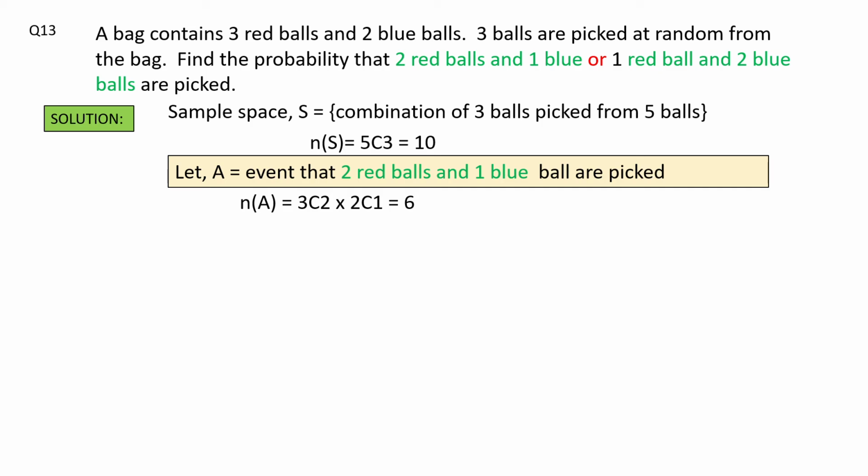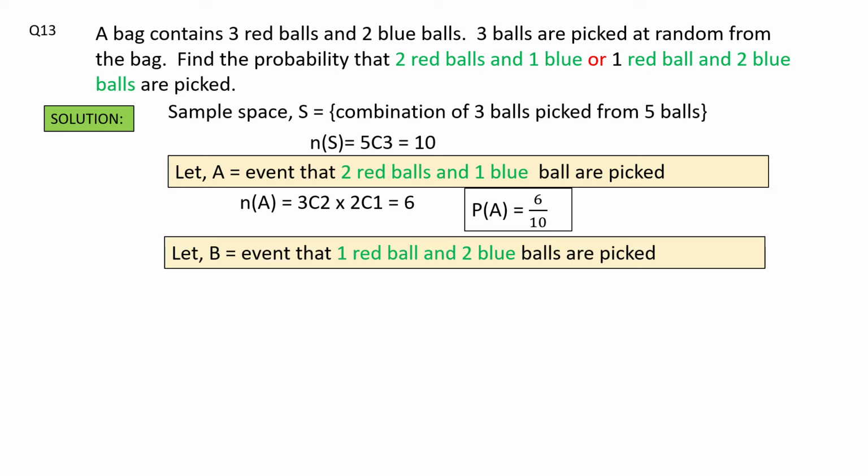Replace the word and with times. In order to get 1 blue ball, in the bag we have 2 blue balls, therefore it will be 2 choose 1, 2C1. Simplify this and you will get the answer as 6. Now you can calculate the probability of event A, that will be 6 over 10.